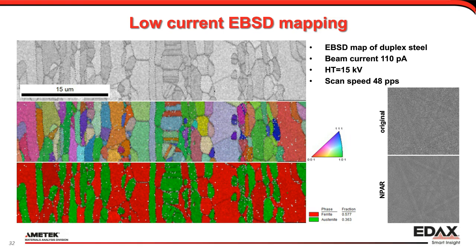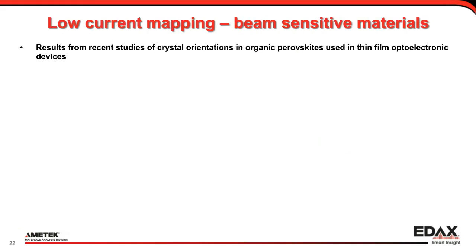And although the patterns are really weak, you can see that here on the right, the indexing is not a problem, and you can get nice results of, in this case, a duplex steel. But of course, for a duplex steel, you don't really need the low current capabilities. You can easily go to a higher current and get better patterns and make your life a bit easier. But that's not always possible.